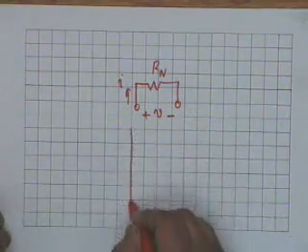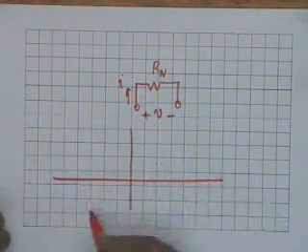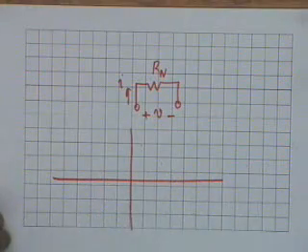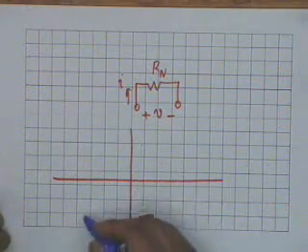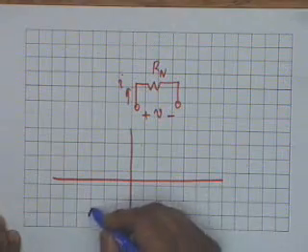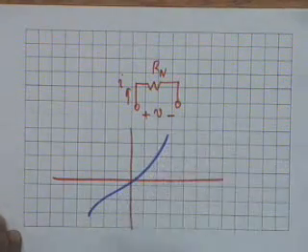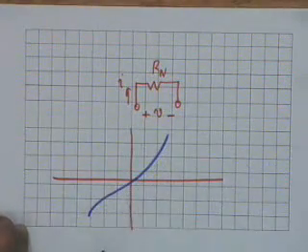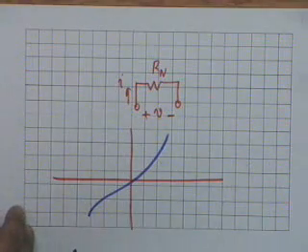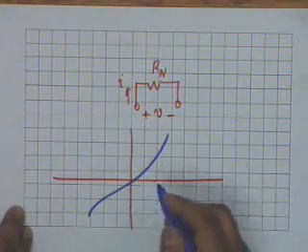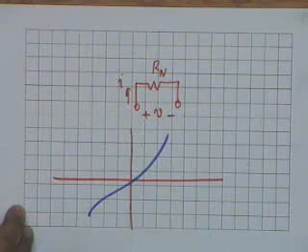Here in a nonlinear network, this is not necessarily so. V and I are not necessarily related linearly. In fact, one could have a situation like this, which is obviously not linear. All right. Such a characteristic is that of an incandescent lamp.